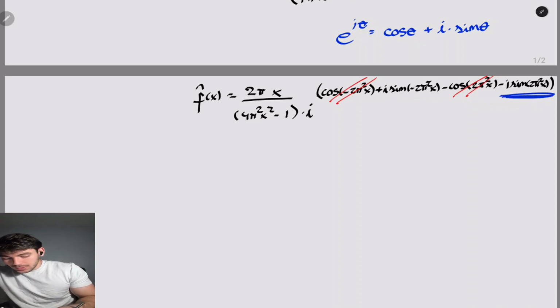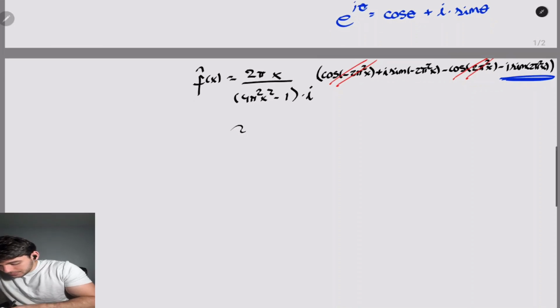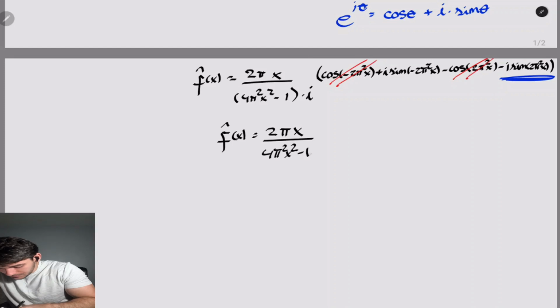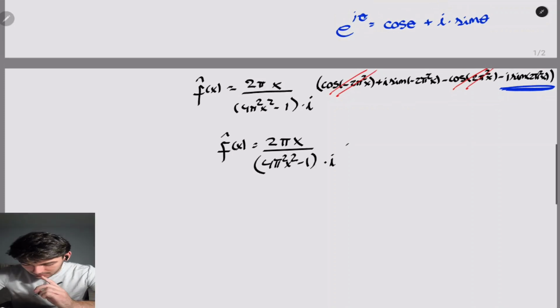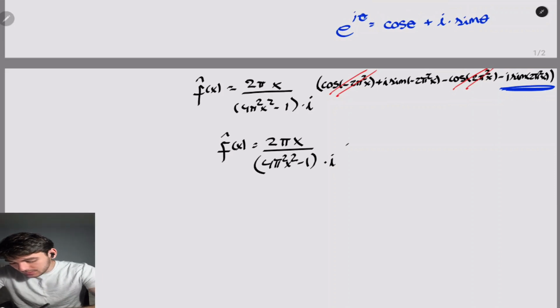Okay, so here we'll have the transform of Fourier of a function is equal to 2 pi x divided by 4 pi squared x squared minus 1 times I. And here our cosines vanished. And since this term is equal to this term, I'll just pick this one and multiply it by 2.